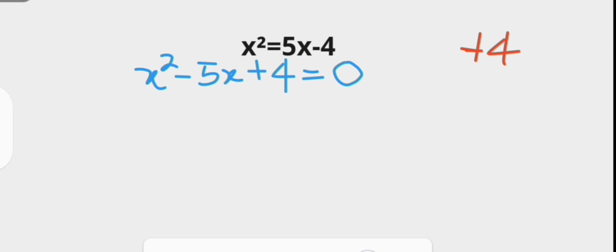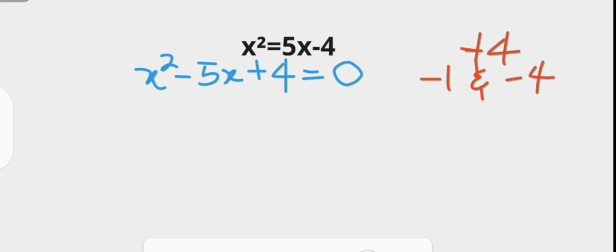Now, if the sum must be negative 5 and the product should give positive 4, then the two factors must be negative, as stated in our previous tutorial. Now, if the two must be negative, then the factors of plus 4 that will give us negative 5 when added together will be negative 1 and negative 4.